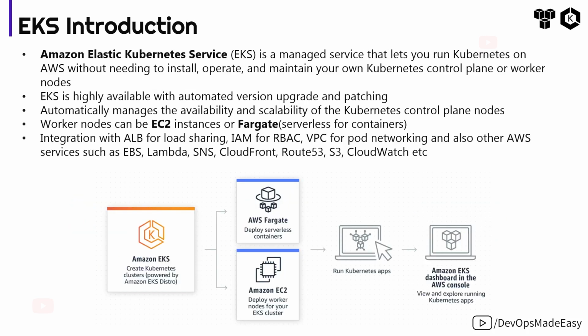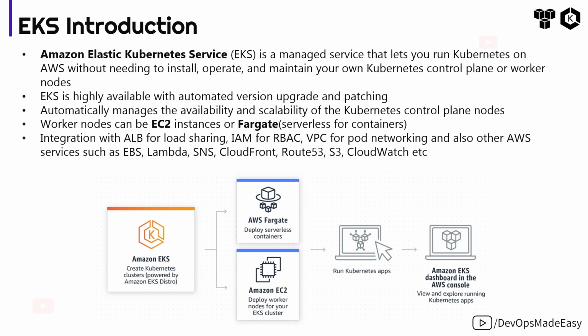Coming to the Elastic Kubernetes Service, AWS EKS is a managed service, which we already saw. It lets you run Kubernetes on AWS without needing to create, operate and maintain your own Kubernetes control plane or worker nodes. AWS will take care of provisioning the servers, installing Kubernetes and also maintaining them, including the upgrades. EKS is highly available, and we'll understand why we call EKS highly available in some time.